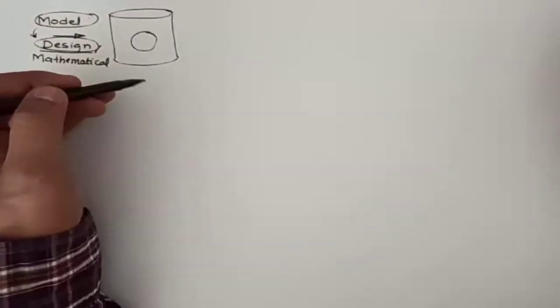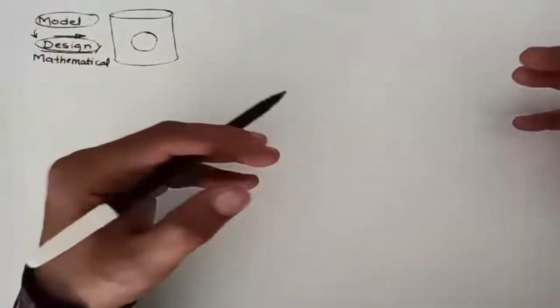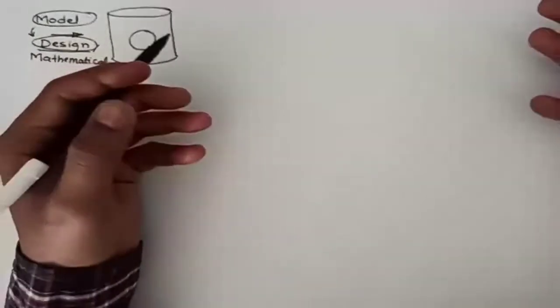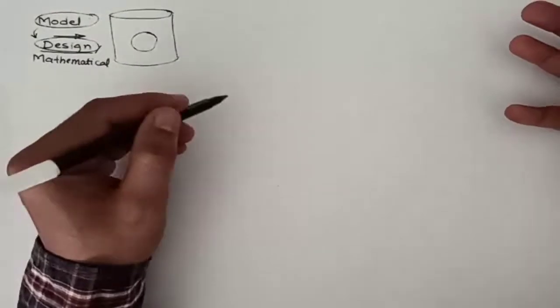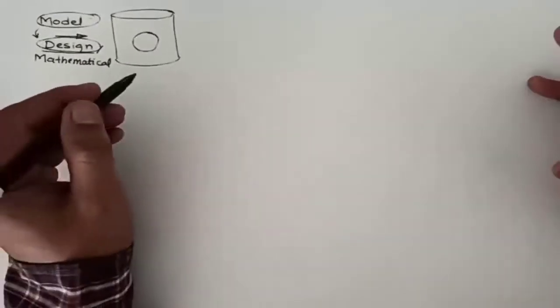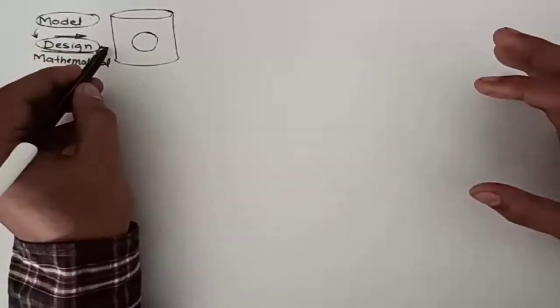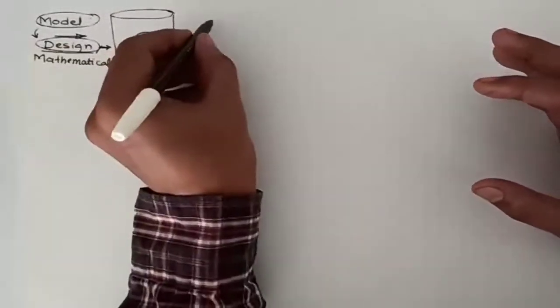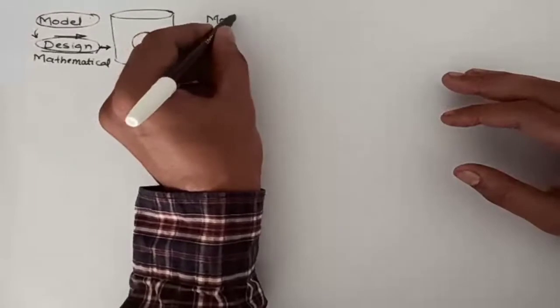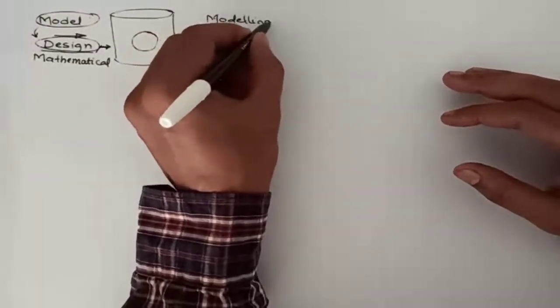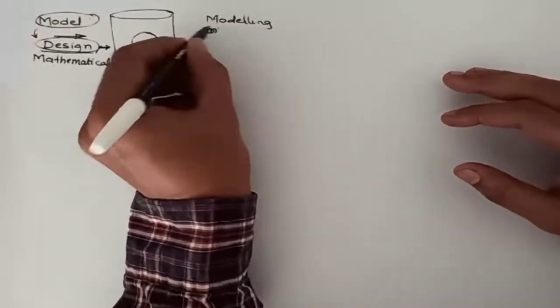Many of them say we have created a model in the modeling software. That is not the exact meaning of designing. You should say the design will be created in any of the modeling softwares.